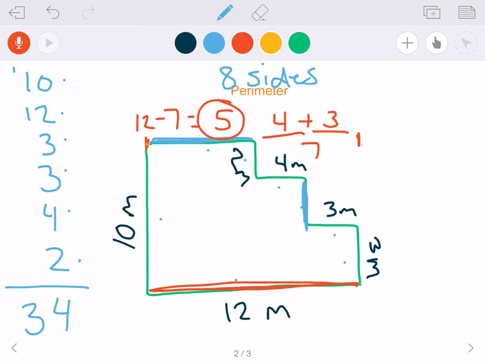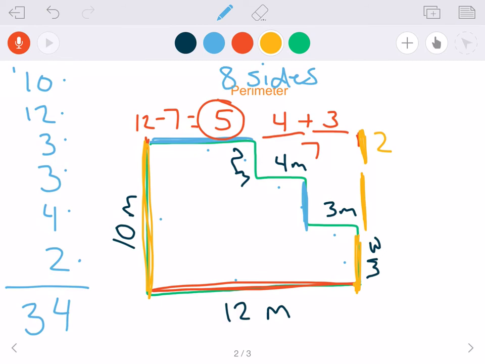We're going to do the exact same thing using this 10. I know this total length is 10, and from this point to this point, that should equal 10. Right now I know that this one is 3, and I know this one here is 2.